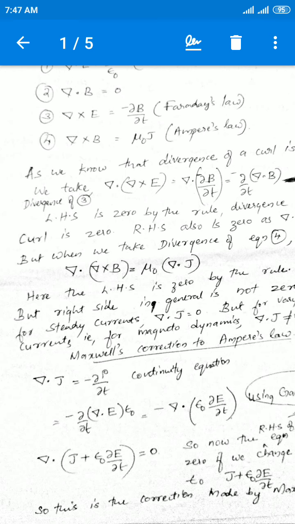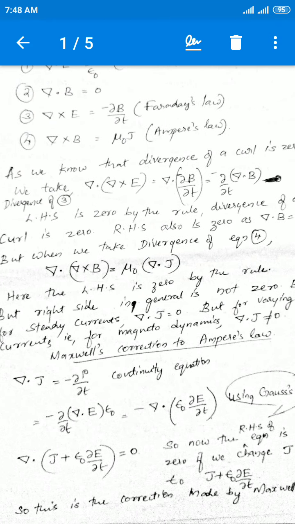So right hand side is moved to the left hand side, and the divergence is taken together for the terms. That is how del dot of J plus epsilon 0 dou E by dou T comes, which is equal to 0. So the right hand side becomes now 0.